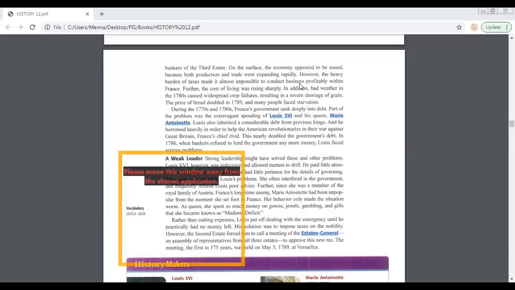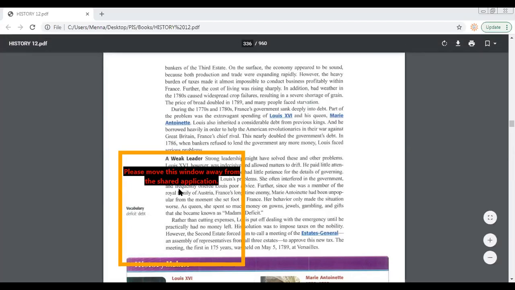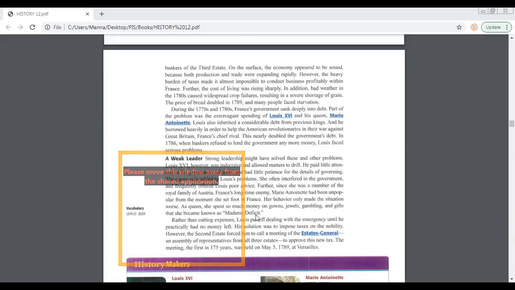Plus, neither her nor her husband could rule properly. People started calling her Madame Déficit, which means the lady of the losses. Why? Because she tried to handle the finance of the country, but instead she drifted and started spending it on what she likes.